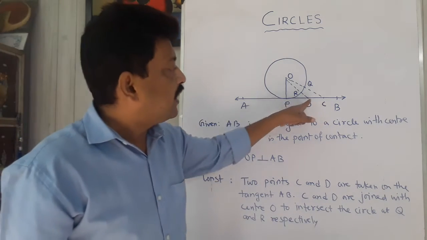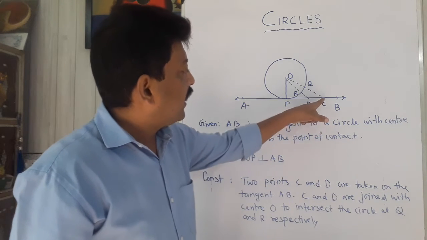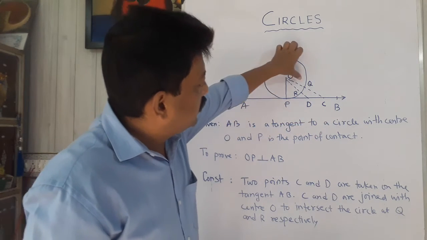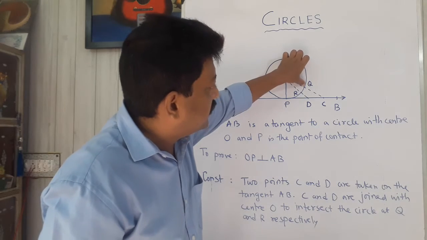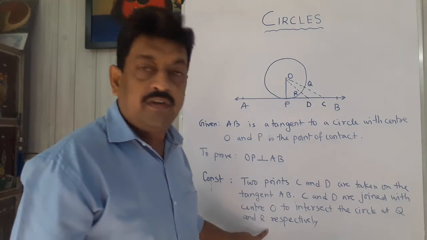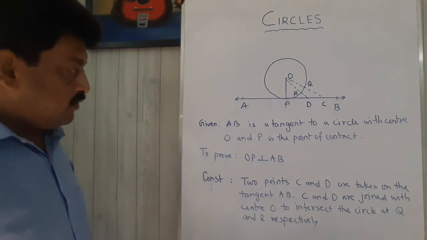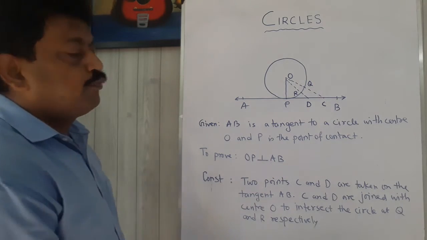Two points C and D are taken on the tangent AB, and they are joined with the center to intersect the circle at Q and R respectively. Got it? Okay. Now we have to prove this theorem.